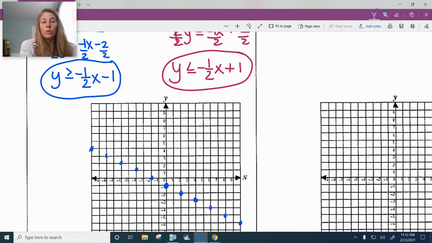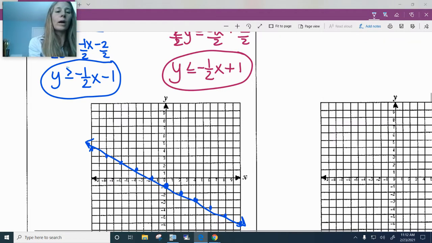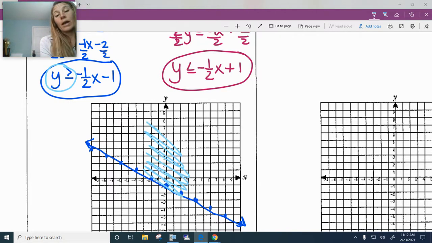Now there is an equal to underneath my symbol here, so that means I can just do the solid line. It's a little squiggly there, but you're going to have to bear with me on that. And then for the shading, y is greater than or equal to, so that would go above the line up the y-axis for my shading.